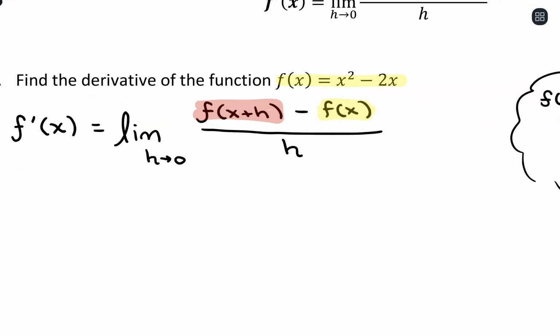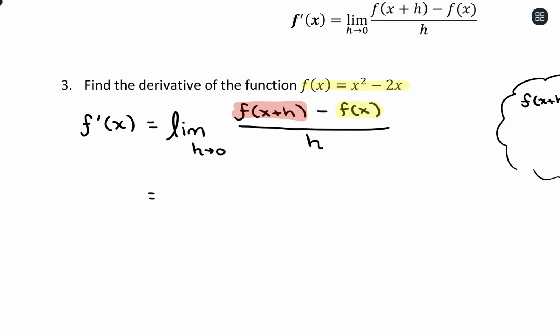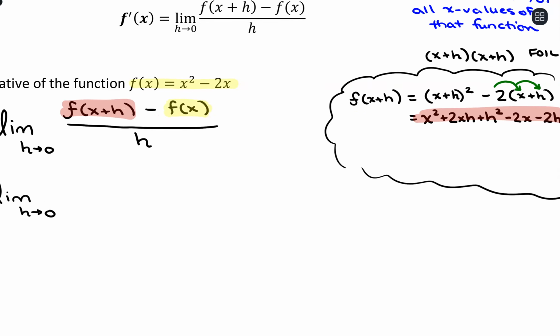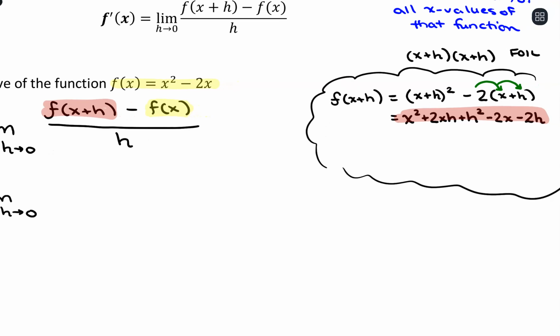So let's go ahead and keep evaluating our limit. So the limit as h approaches 0, because we're still evaluating this limit since we can't plug in 0 yet, where I have f of x plus h, I'm replacing that with that x squared plus 2xh plus h squared minus 2x minus 2h.